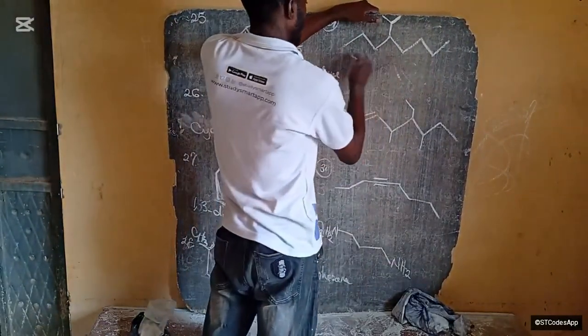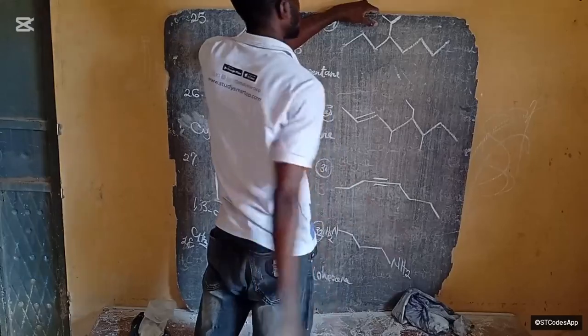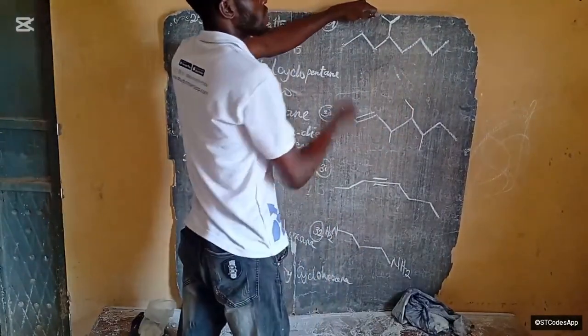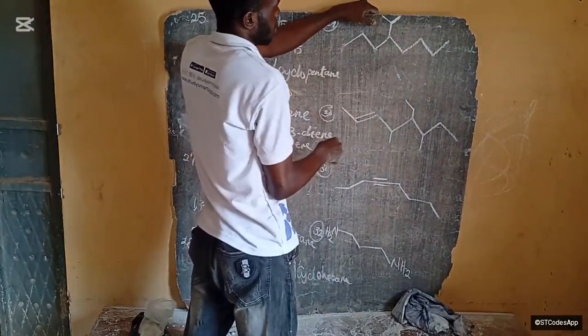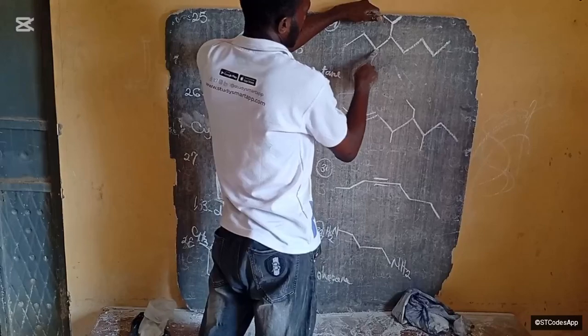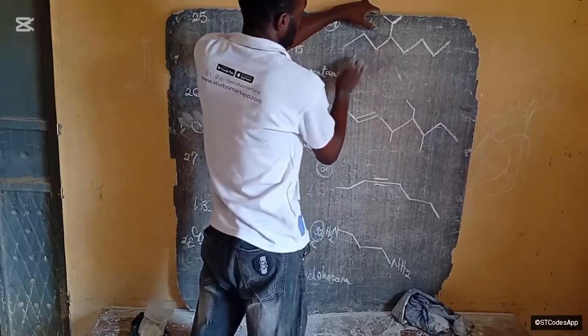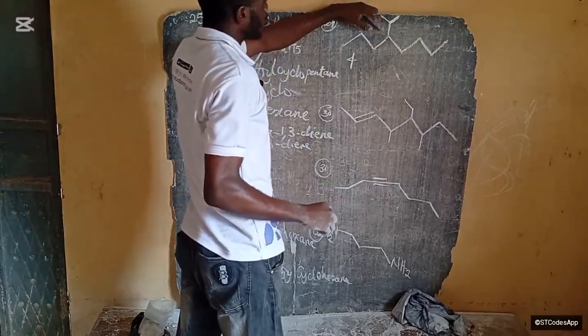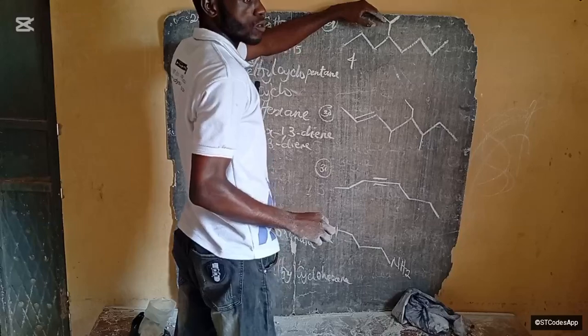So if we go like this, we have 1, 2, 3, 4. This guy will fall on carbon 4. If we come like this, 1, 2, 3, 4, 5, it falls on carbon 5. So it means we should go like this. So we have 1, 2, 3, 4. So that will be 4. Now in common name, this is isopropyl. But we don't want to use isopropyl, we want to use IUPAC.